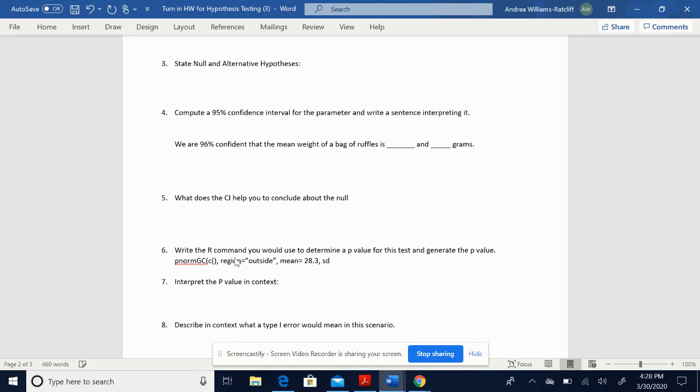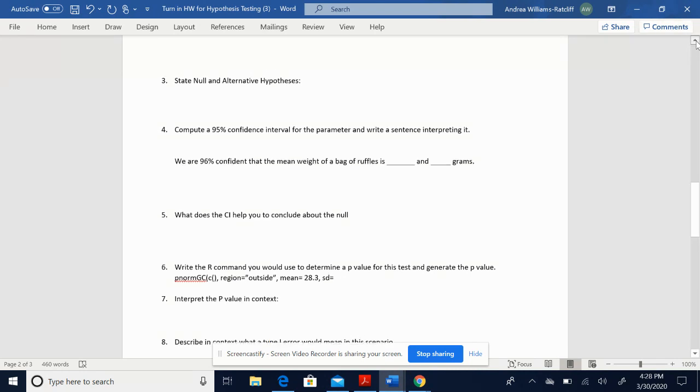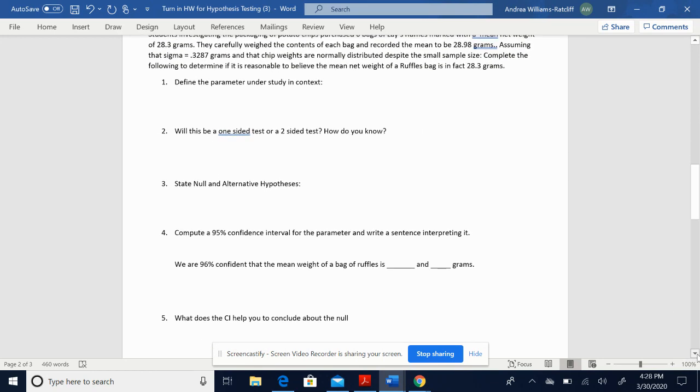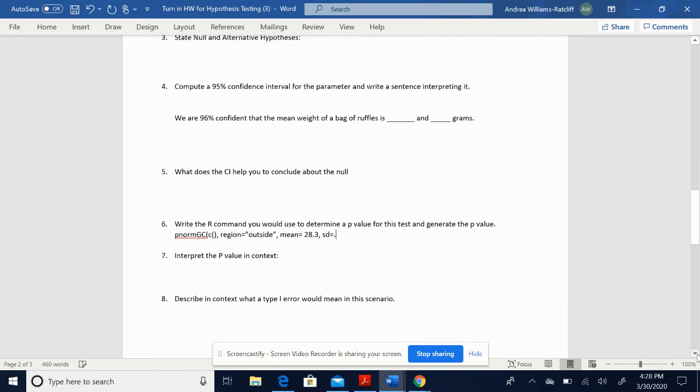And that standard deviation, of course, was going to be the sigma value we were given divided by the square root of 6. So 0.3287 divided by square root of 6. Okay, now, and of course, we'd like to see our graph.